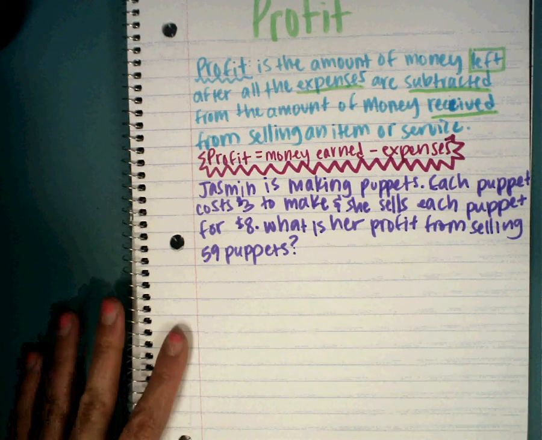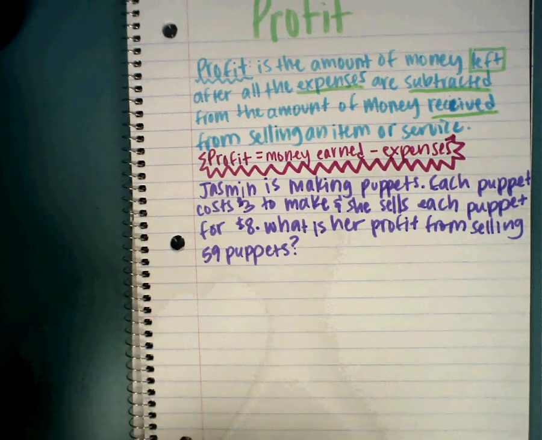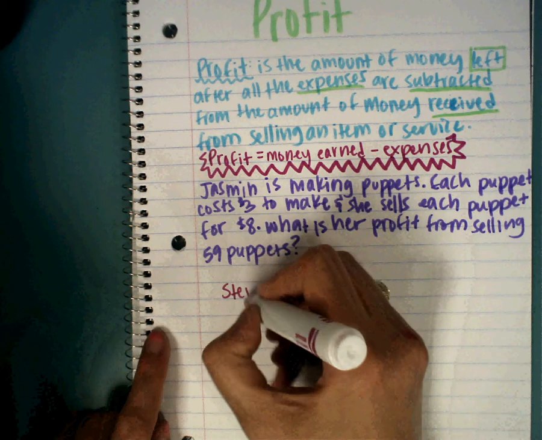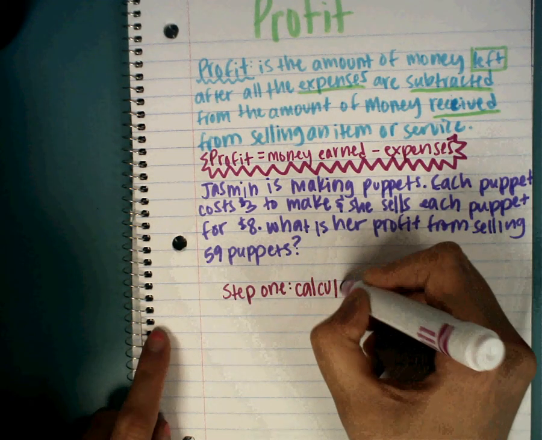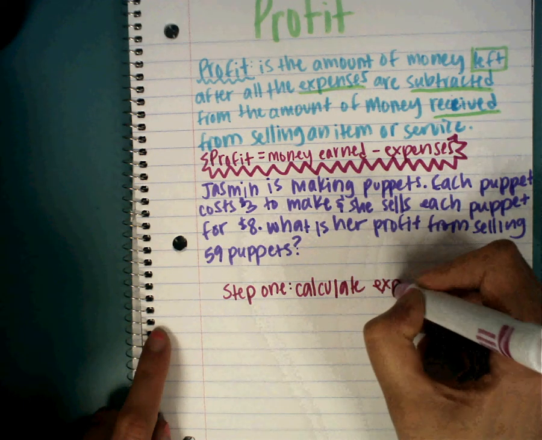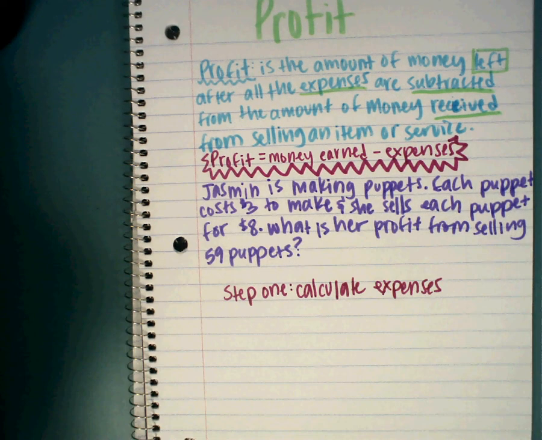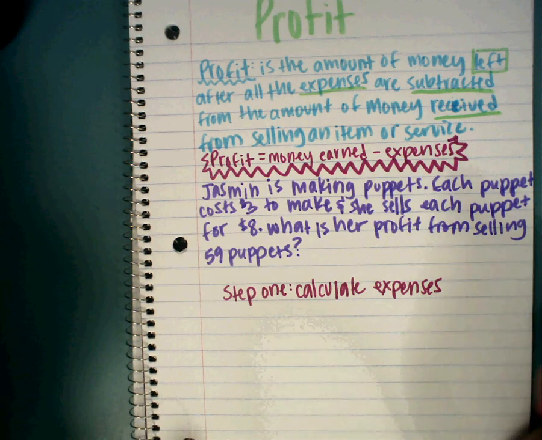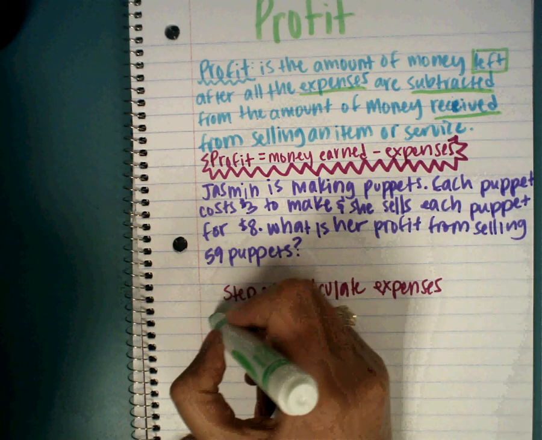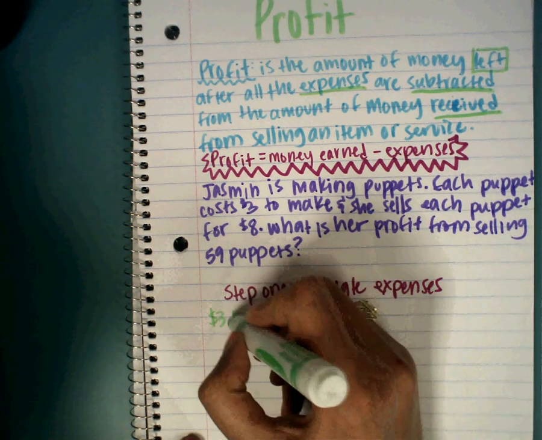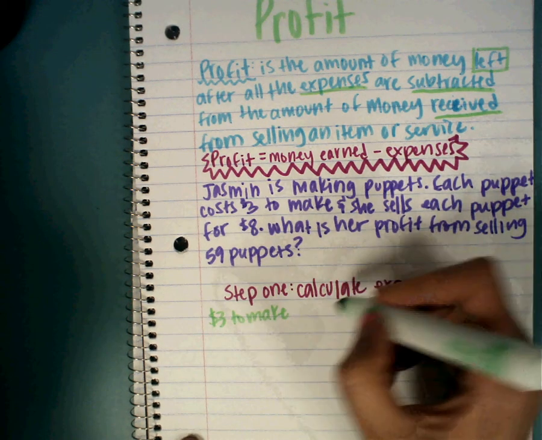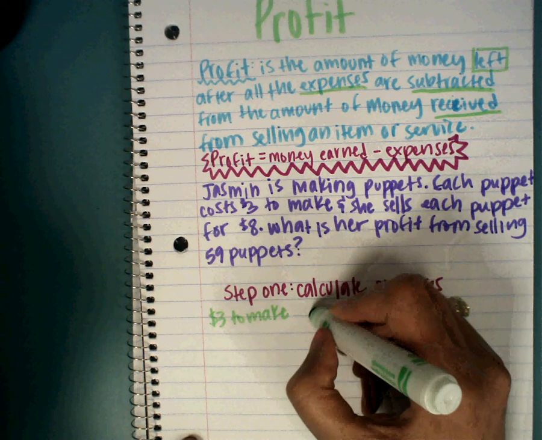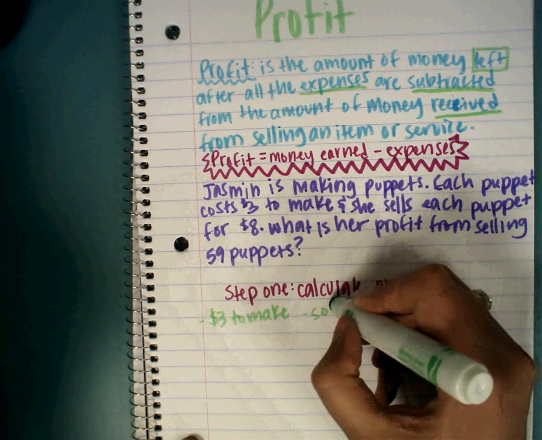So step 1 is to calculate expenses. Okay? So that means that I've got $3 to make each puppet, and then sold 59, right? So what am I going to do?